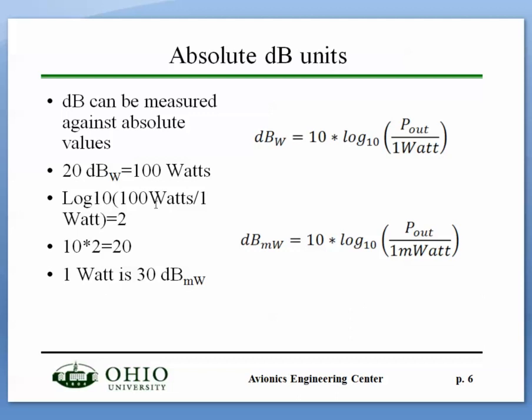If I were to put 1 watt out here with 1 milliwatt in, then that would be a ratio of 1,000. The log 10 of 1,000 is 3, and so I'd get 30 dB. So 1 watt is 30 dBm.